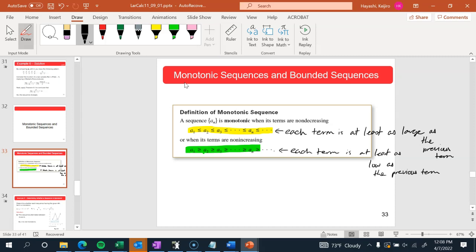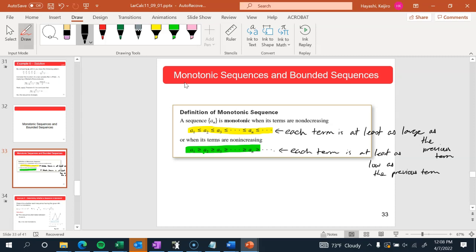Basically, the important thing is, to be a monotonic sequence, you can't both go up and down. You have to choose one or the other. And it's sort of this unidirectional sequence.